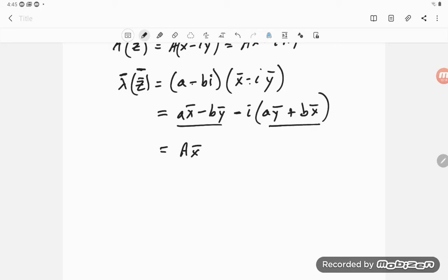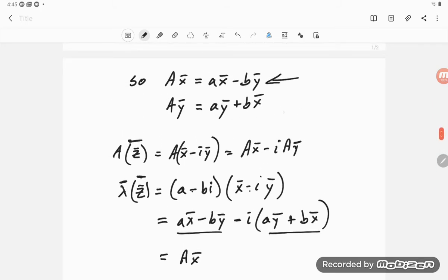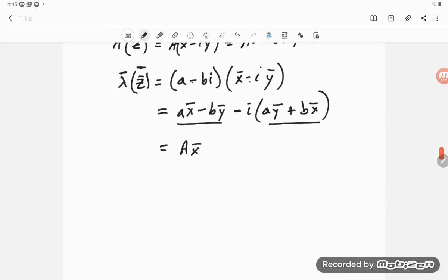And then here I can substitute in Ay, so this is minus iAy. But that is A times x minus iy, and so that is A times the conjugate of z.